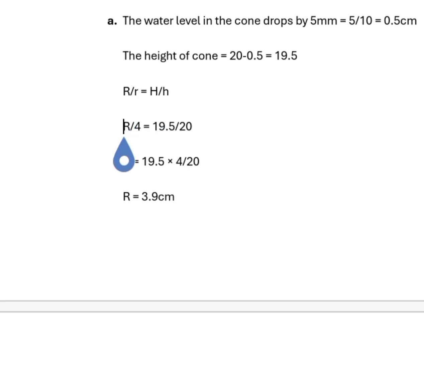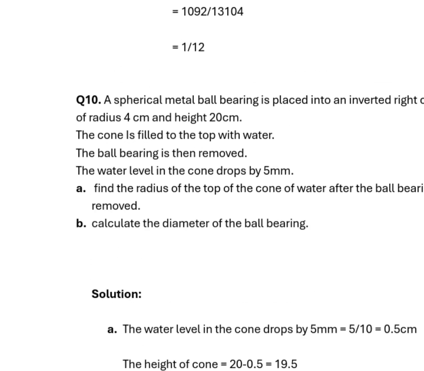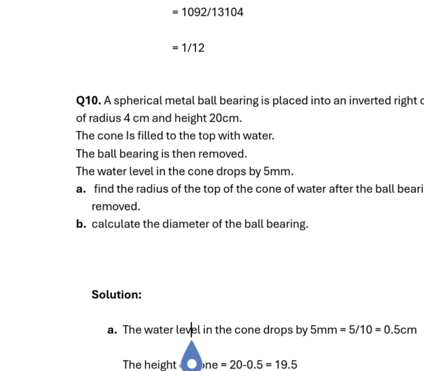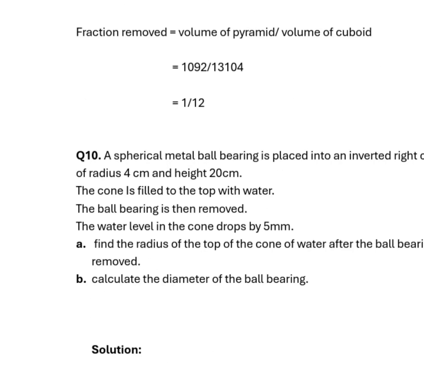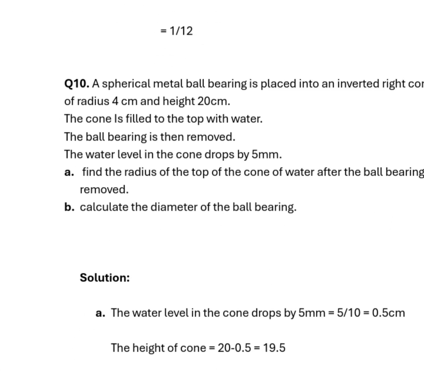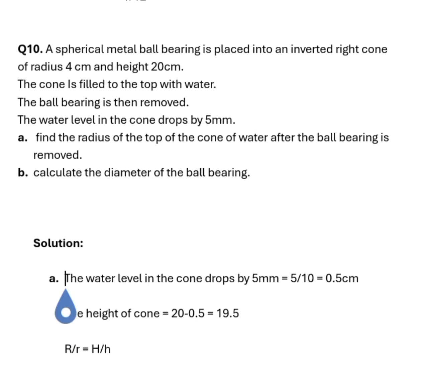So we have to find capital R divided by small r. We have been given small r, which is 4 centimeter, and H over h, where capital R is whenever the ball bearing is removed.